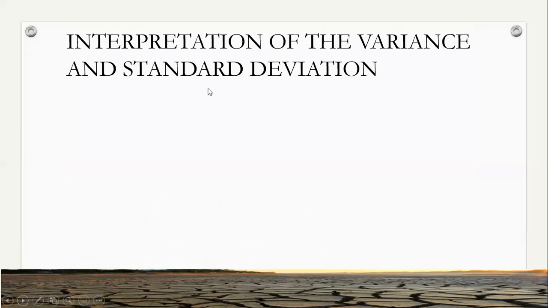Okay. So now that you know how to find the expected mean, the variance, and the standard deviation, we will now try to interpret the variance and the standard deviation. If you can still remember in your grade 10, when we talk of the measures of central tendency, we have the mean, the median, and the mode.